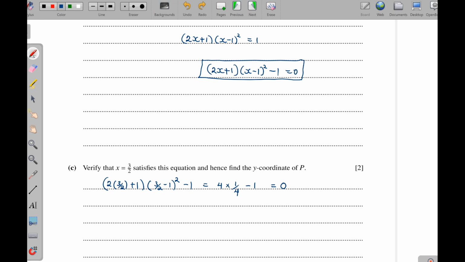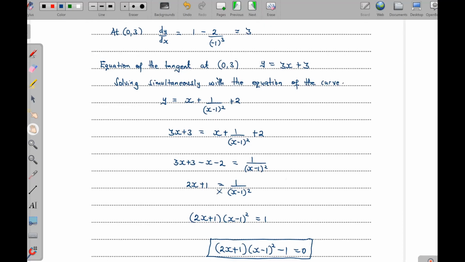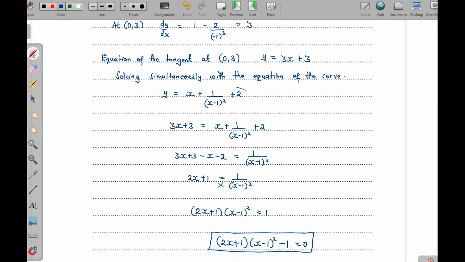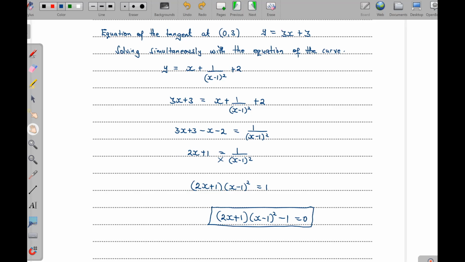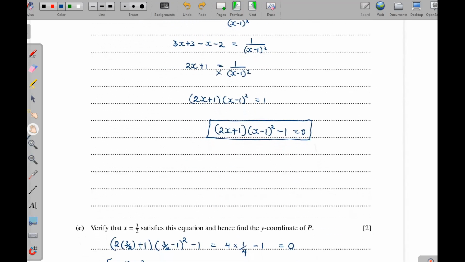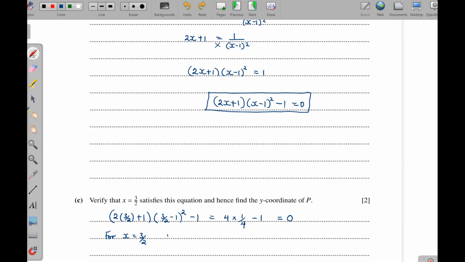So to find the y coordinate for x equal to 3 over 2, you can go up here and you use any of these equations, either this one or this one here, because those are the ones that are intersecting. But I will use the one of the line, which is very easy. So y will then be equal to 3, then x is 3 over 2, and then plus the 3.